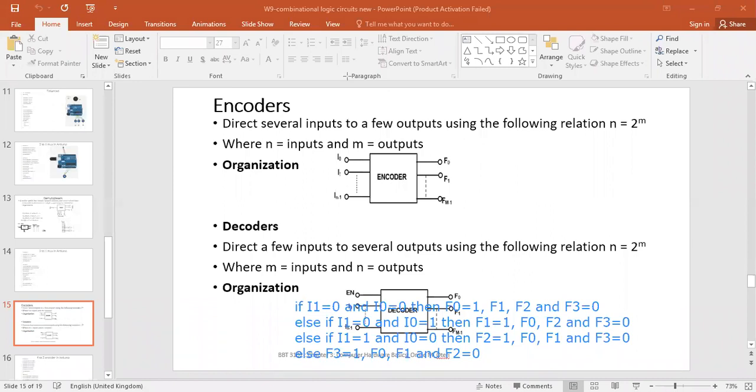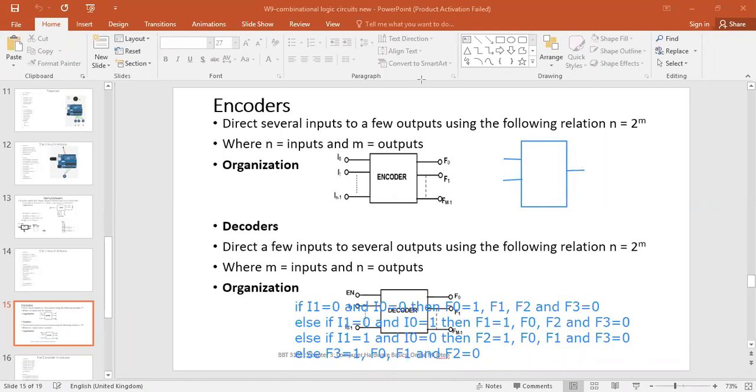I can actually draw it here using a rectangle, which makes our work very easy. And then we have some lines here. So 2 to 1, we will just have 2 inputs and 1 output.